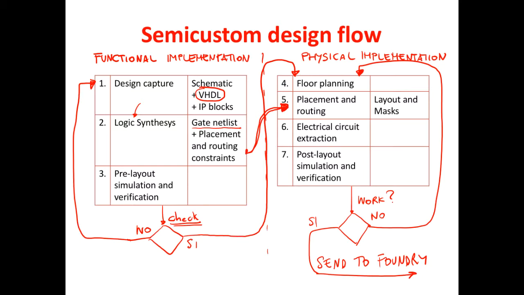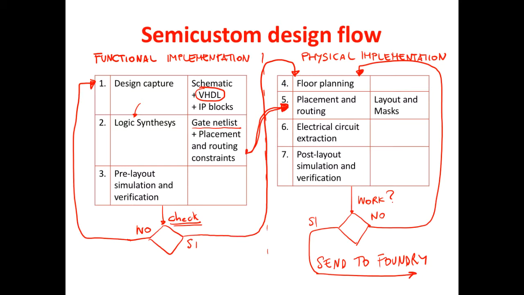So, how do you do the last step? There are tools that perform an electrical circuit extraction. From the layout, without knowing anything about the circuit, they extract an equivalent electrical circuit, and then you simulate the extracted circuit and verify that it works as the gate netlist before.